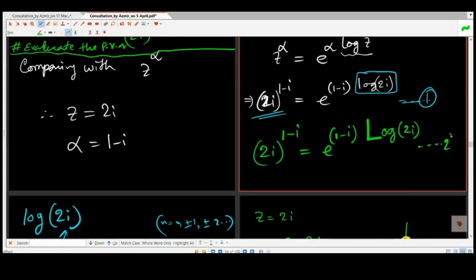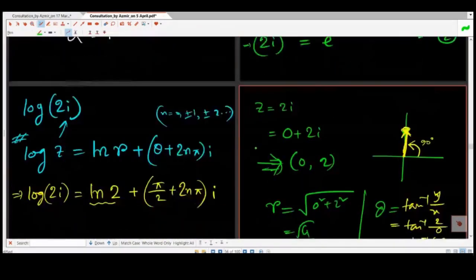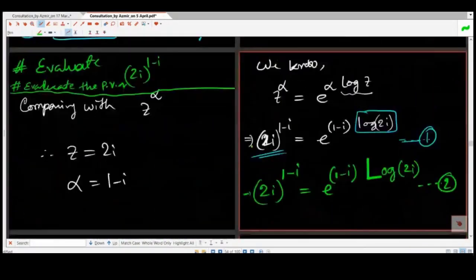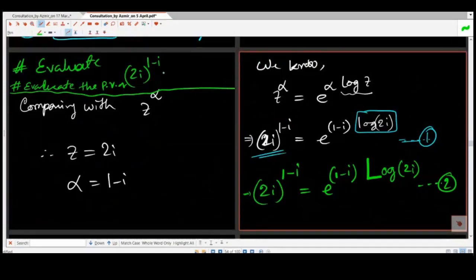Let's say this is equation 2. It means we are finding the principal value of the complex exponent.